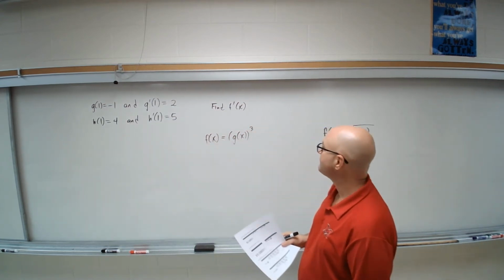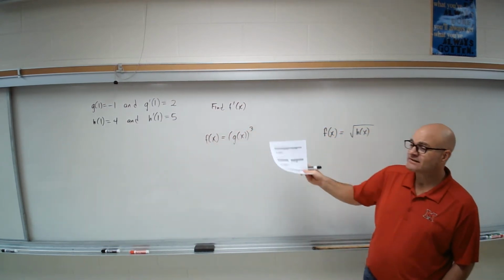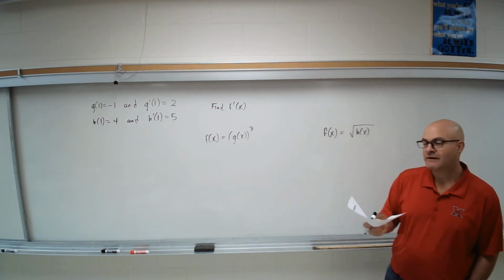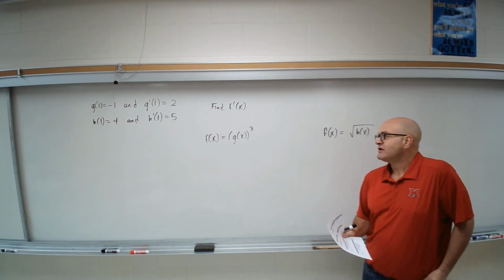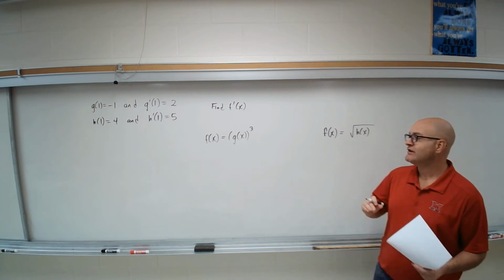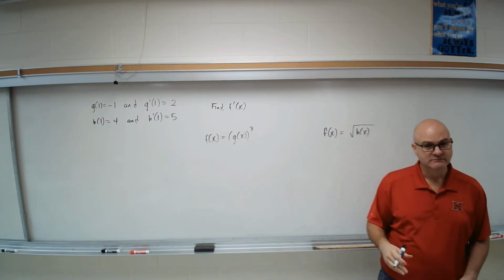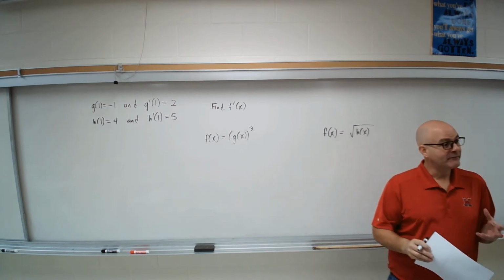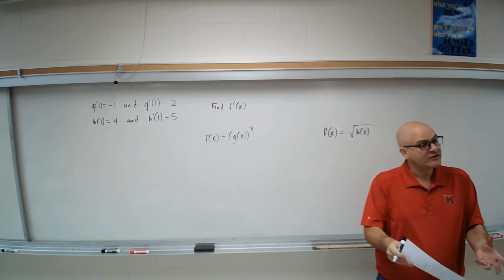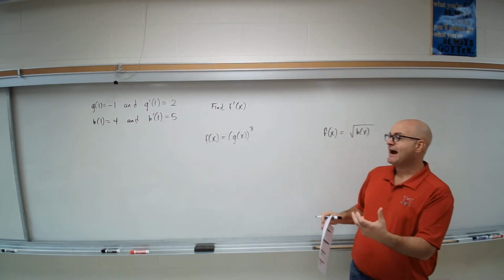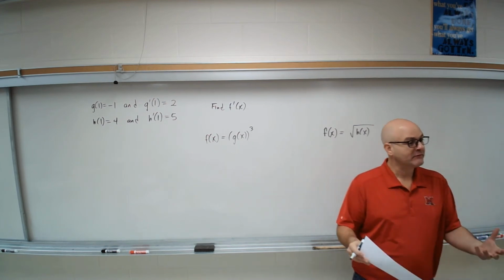Same thing for h. So we're asked to find f prime of x, the derivative of f, and we're told the function f of x equals the function g of x cubed. So we obviously have two functions here, correct? The inner function, which is g of x, and then the outer function, which is the cubing function.